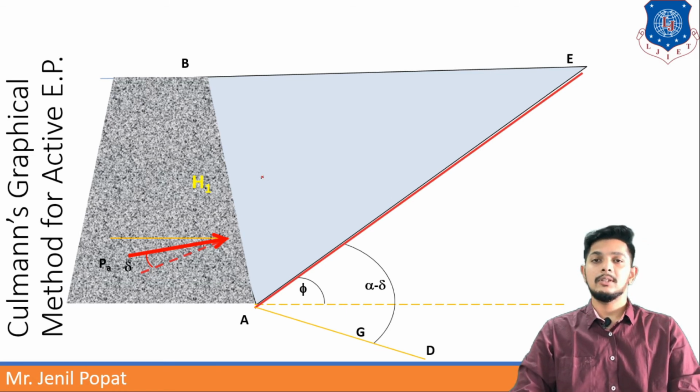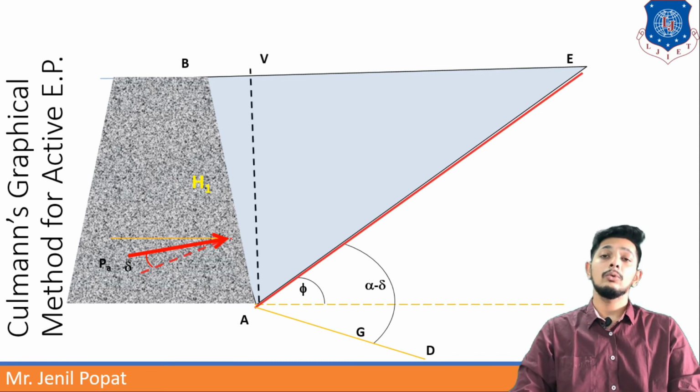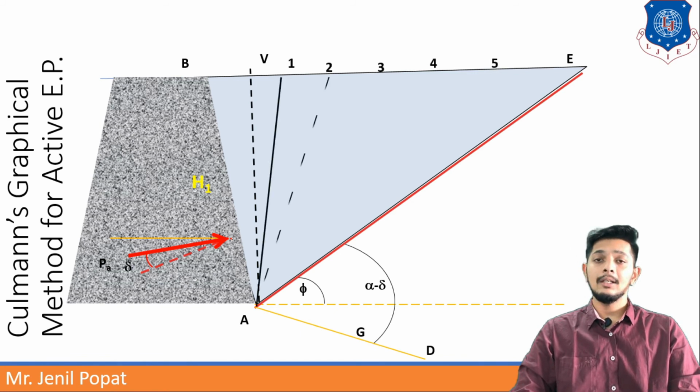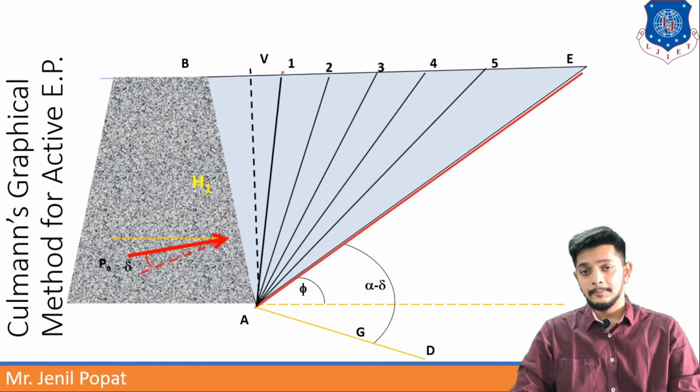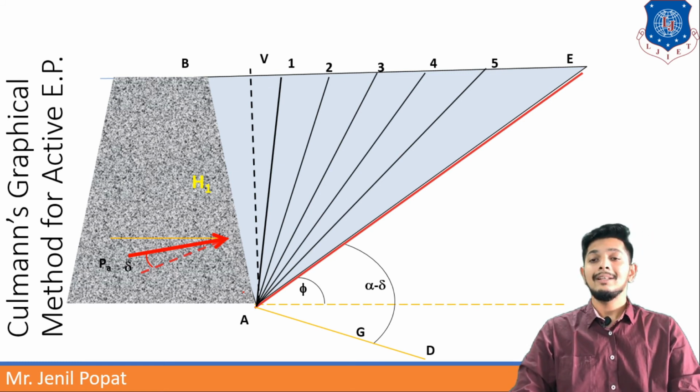Where active earth pressure will be acting, we can show a point, and PA will be acting at the angle delta. Now we have to draw an arbitrary failure plane like this. I have drawn all 5 arbitrary failure planes, but first of all we will do what?